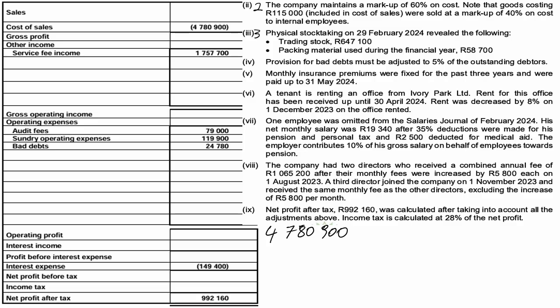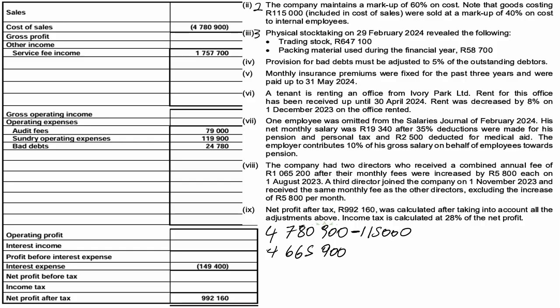So it means now from this cost of sales, we need to minus the cost of sales of the goods that we sold to our internal employees, so that we can have the cost of sales for the goods that we're selling to the general public, right? So I'm getting a figure of 4,665,900. And then we need to multiply now.